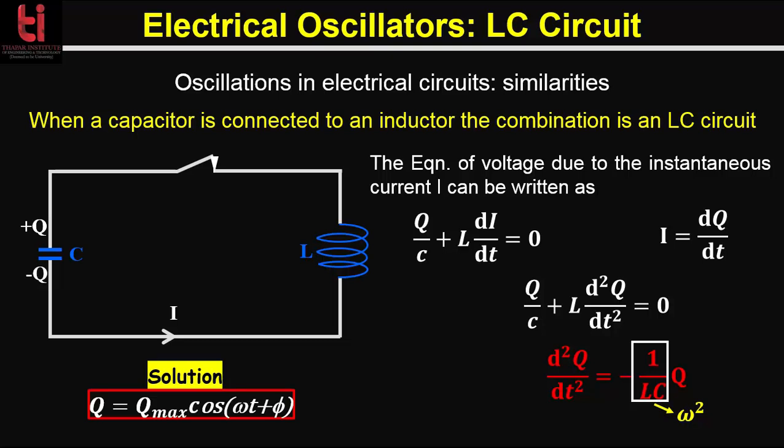With the initial condition that at t equals 0 the charge on the capacitor has its maximum value, the solution to this equation is Q equals Q max cos(omega t plus phi), where Q max is the initial charge on the capacitor.